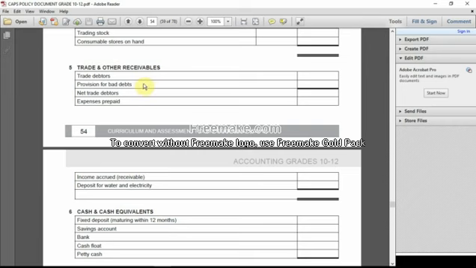So we use the prudence principle. We are conservative. We make provision for bad debts. So it's always in brackets. We subtract it to get what we call net trade debtors.